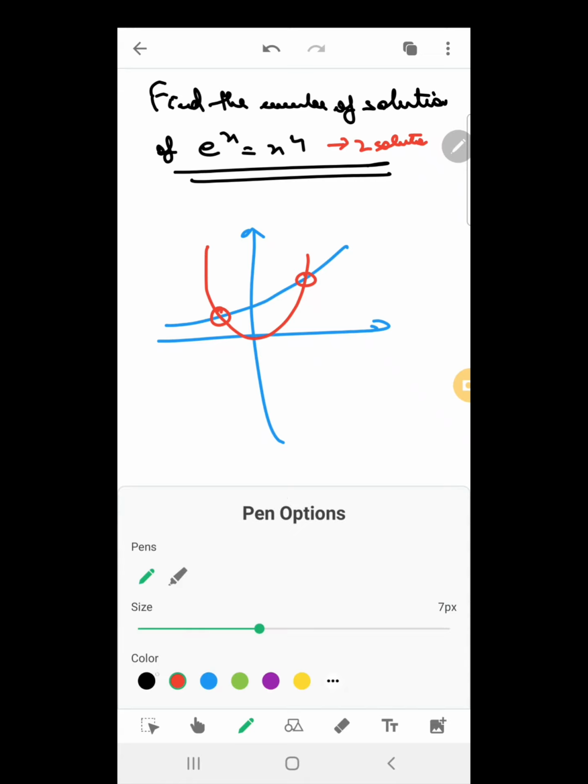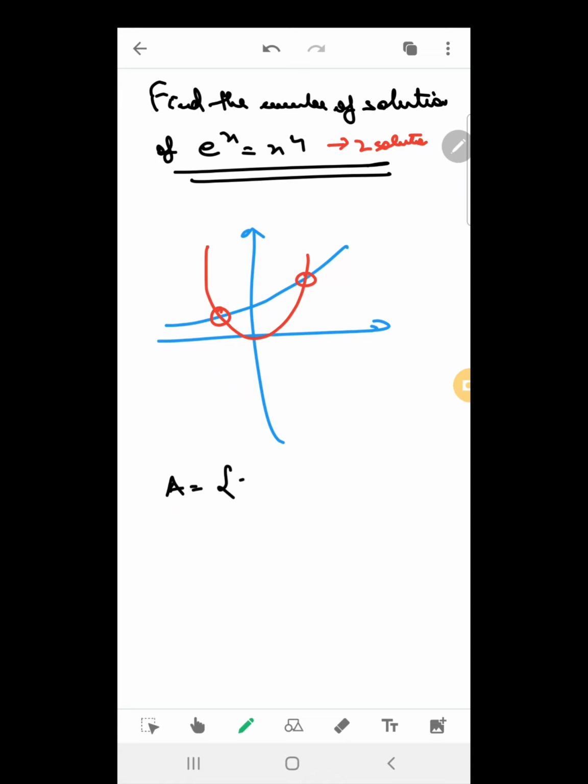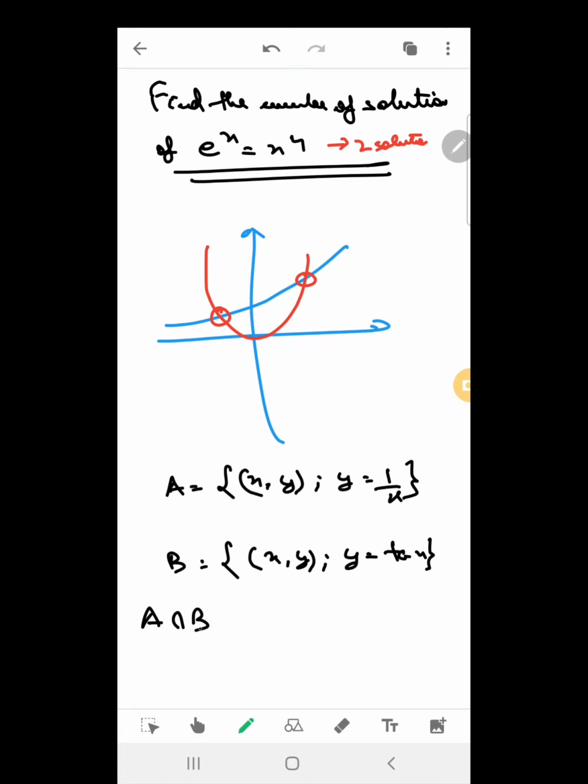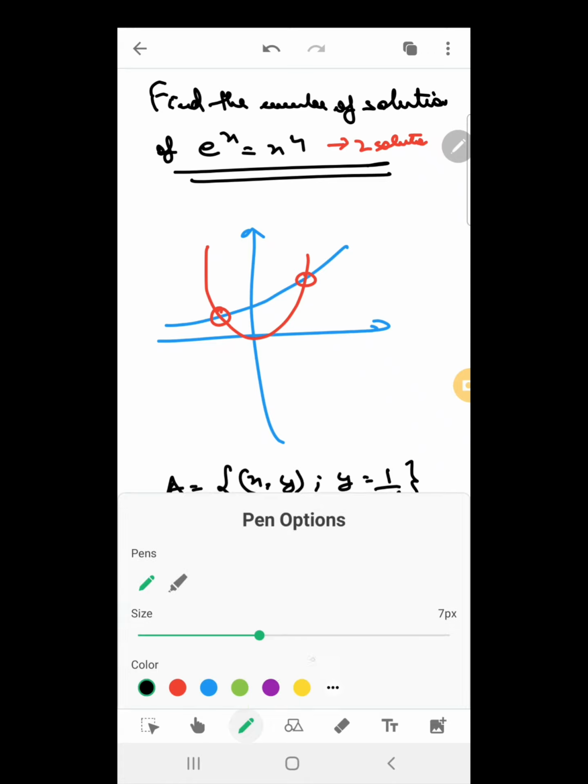Graphing is also important in set theory. Suppose you have been given two sets, A equals the set of xy pairs such that y equals 1 over x, and B equals the set of xy pairs such that y equals tan x. Say you are asked to find A intersecting B. How to find it? Use graph theory.